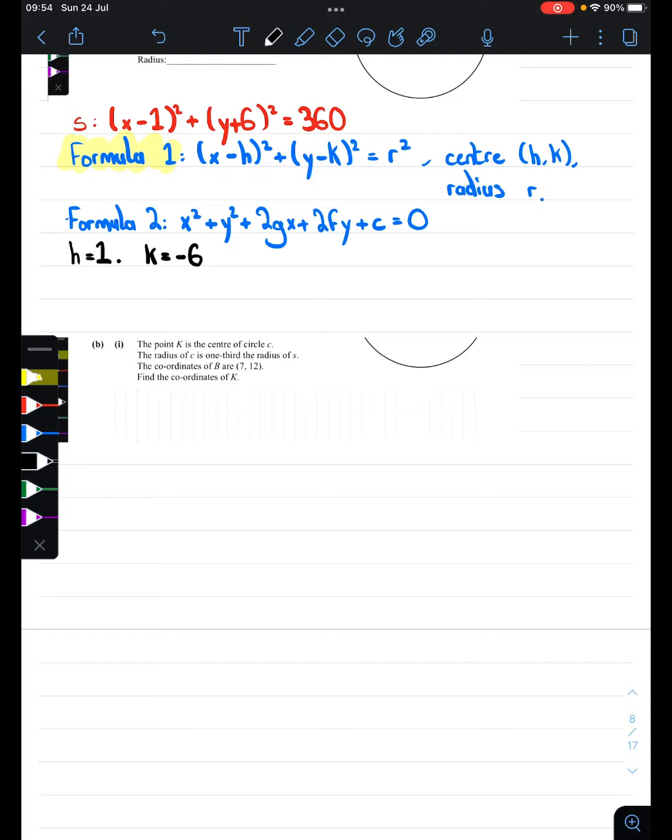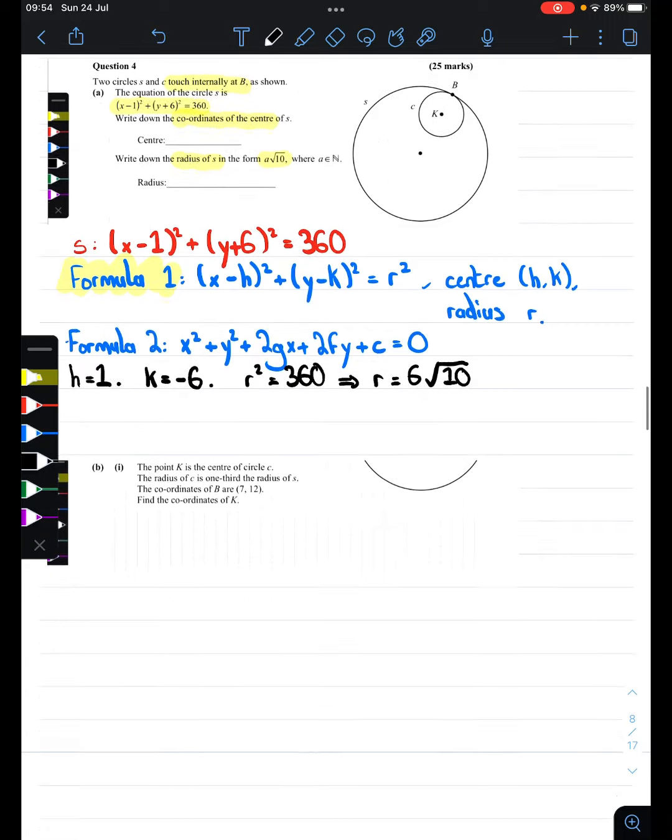And then r squared must be 360, which means r equals the square root of 360, which is just 6 root 10.